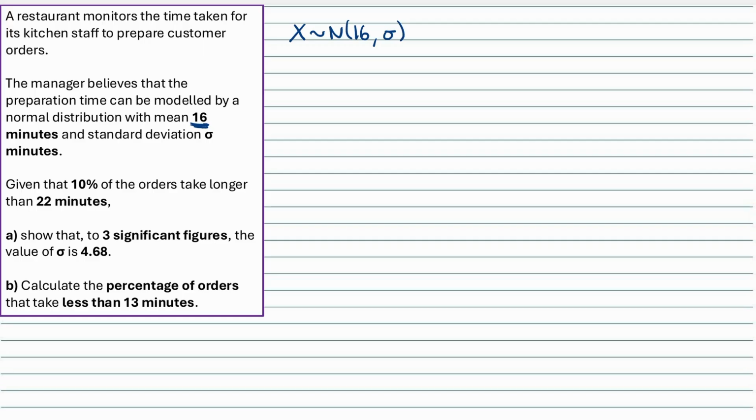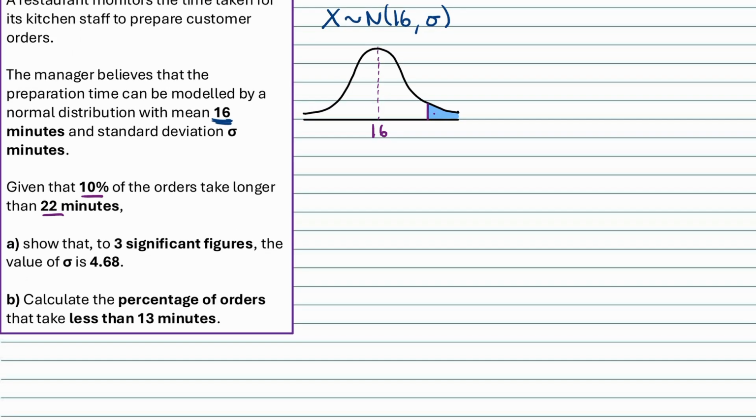Now, if we sketch the normal distribution curve, we can illustrate this mean as being at this point, and then we're told that 10% of the orders take longer than 22 minutes. So we can show this on the right-hand side of the curve, and this region will have an area, a probability, of 10% or 0.1, and this is at 22 minutes.